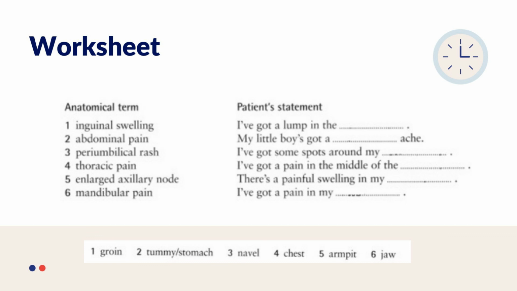I've got a pain in the middle of the chest. Next, we have enlarged axillary node. The correct answer is armpit. There's a painful swelling in my armpit. Then we have mandibular pain, and its correct answer is jaw. I've got a pain in my jaw.